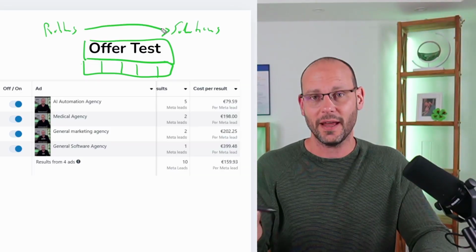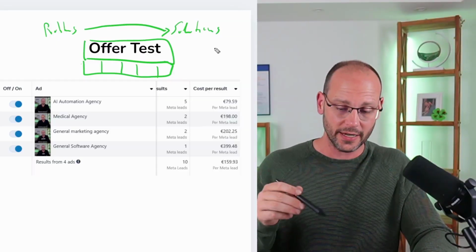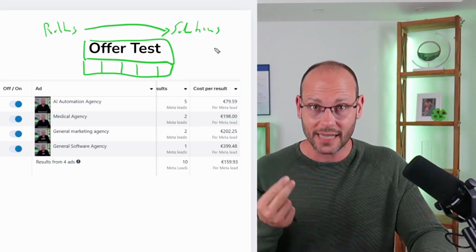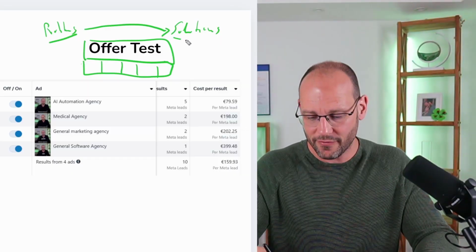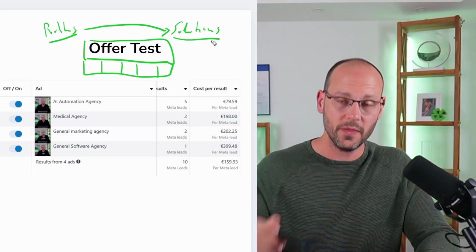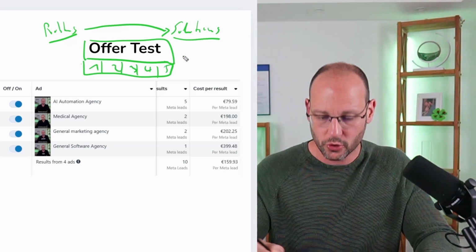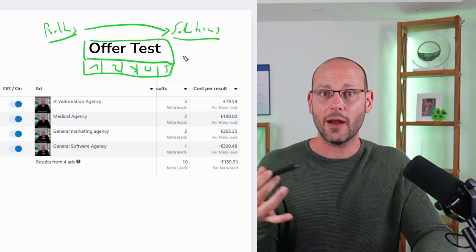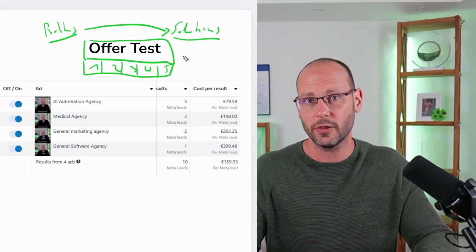But it doesn't just mean that this transformation has to work from your perspective. It also means that your target clients accept this offer as the solution, that they see you understand their problem and they see you have a solution they really want, and that they believe that the steps you are going to share with them when you communicate your offer are really helping them turn the problems into the solution. And that's what is called the offer test.